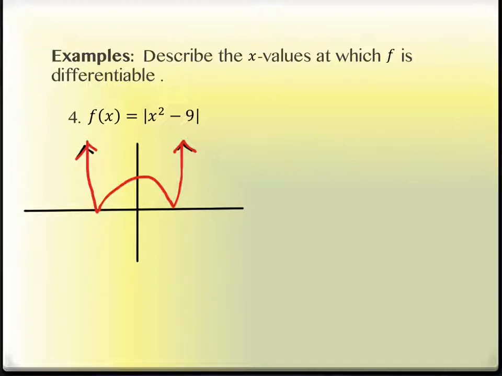It has the same endpoints pointing upward, just like the parabola did, but it bounces off the x-axis and it has these, what's happening now here? It's continuous, right? There's a sharp turn there, right? So the question actually asks you to find or to describe values where the function's differentiable.